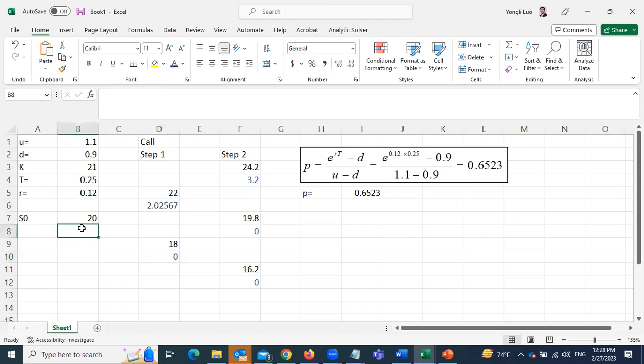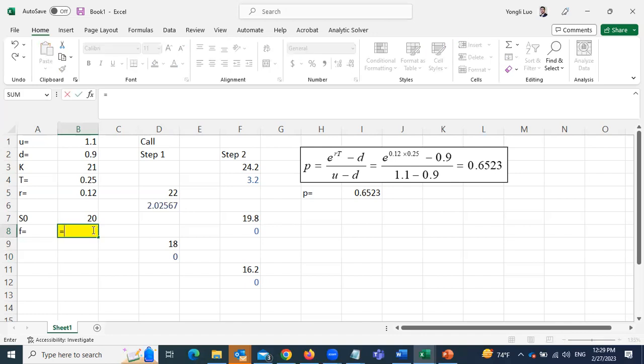Okay, now we want to know what the option price is. So I highlight the areas, right? We use the risk neutral probability again, because you can see this is the price when the price goes up to 22, and that's the option price. So basically you are going to do the same thing.